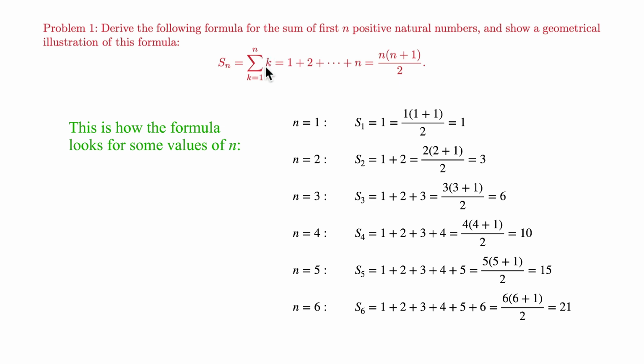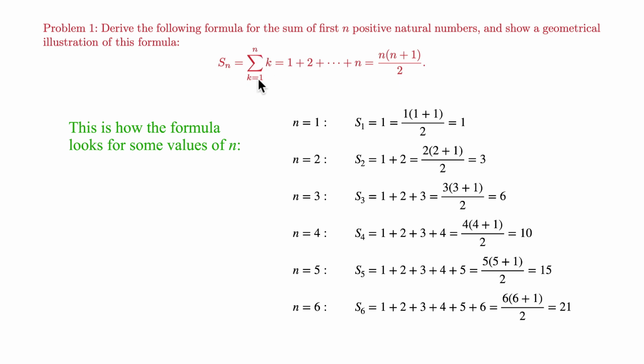And here we have introduced some variable which I called k, and this k varies from 1 to n. So this number here shows the least possible value of k, and this number up here shows the largest possible value. And this k must take all the numbers between 1 and n.